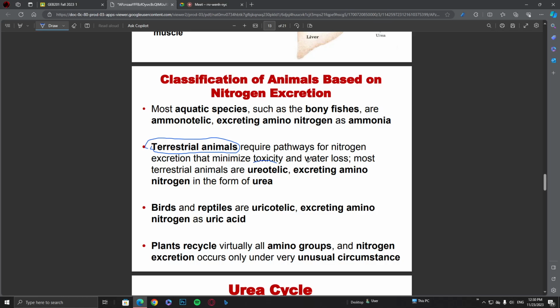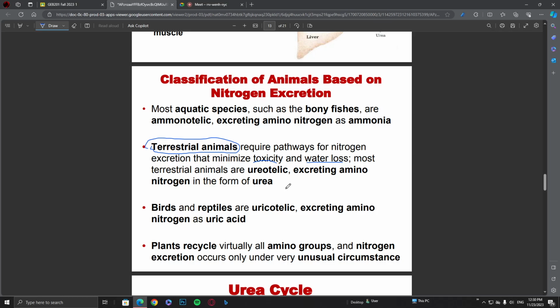So to prevent that, they must excrete the nitrogen that comes from the amino acids or other nitrogen compounds, and they do it in the form of urea, and because of that these terrestrial animals are called ureotelic. Now there are birds and reptiles which excrete the amino nitrogen as uric acid, and that's why they are called uricotelic.